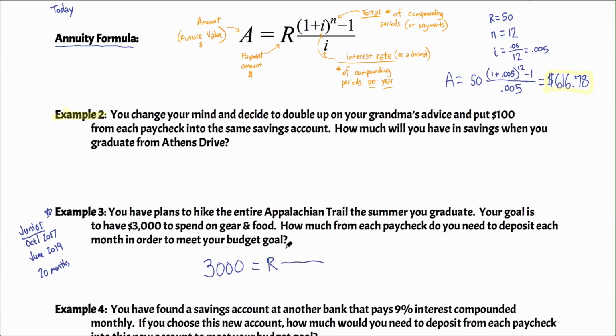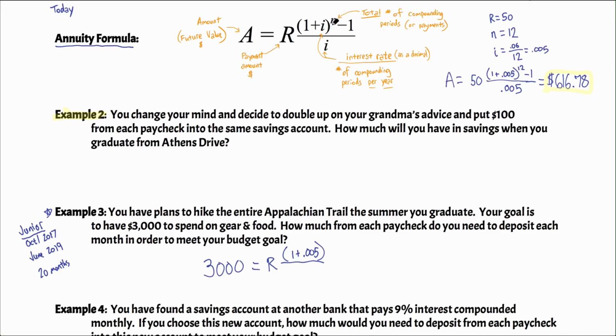Okay, building out the rest of our formula, we've got 1 plus. We're using the same account that we had up here in example 1. So our i value is going to be 0.06. We're still compounding monthly. So let's see, how about we just go ahead and use that same 0.005.